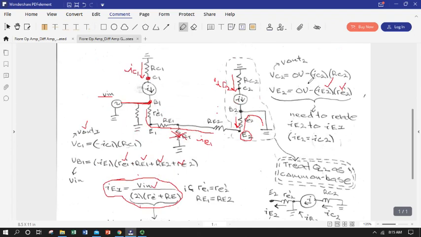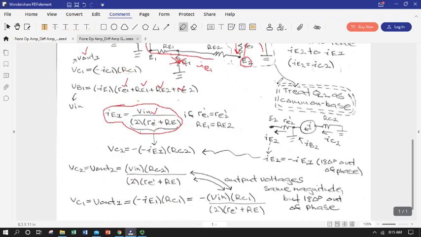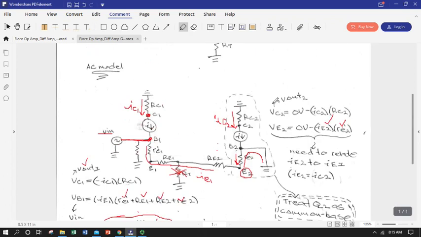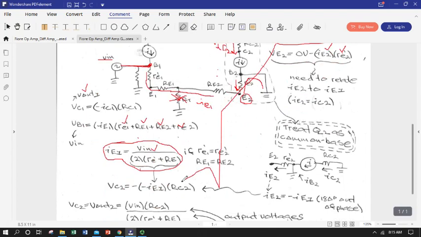So I want an expression for VC2 or Vout2 because that's my second output, and I want it in terms of just the emitter current of transistor circuit 1. So here's where I use my same magnitude, 180 degrees out of phase expression for our two emitter currents. And I plug it in over here. So I can go from this expression all the way down to here with some math.